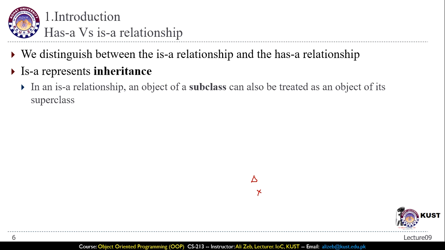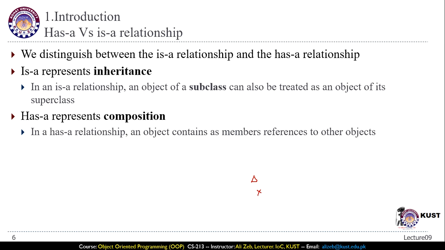So we can see an is-a relationship between the classes as opposed to the has-a relationship that we have seen in composition. In an is-a relationship, an object of a subclass can also be treated as an object of its superclass, and we'll see this in our examples in the upcoming videos.